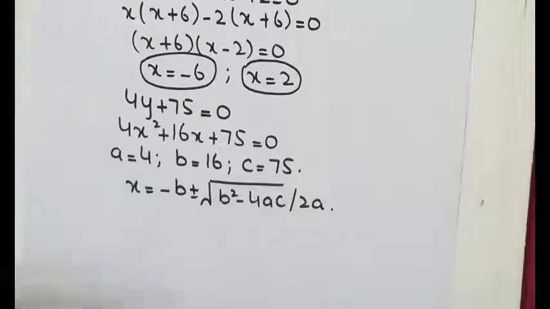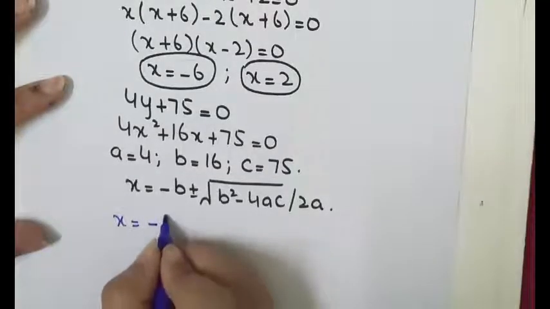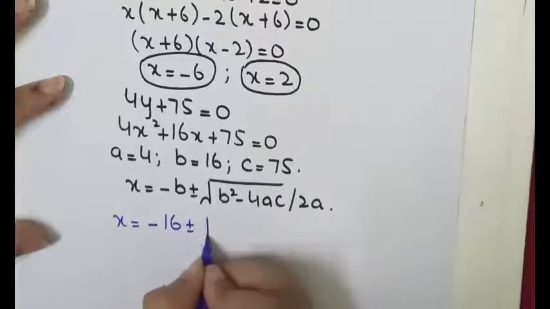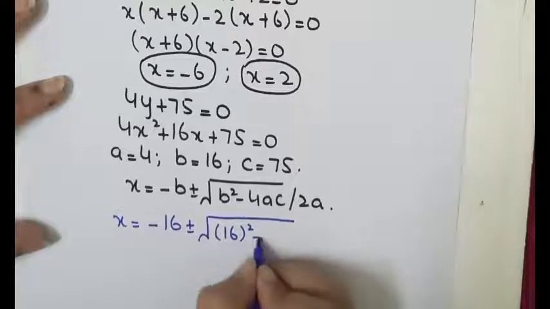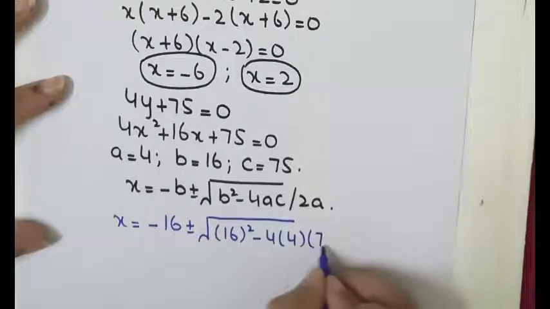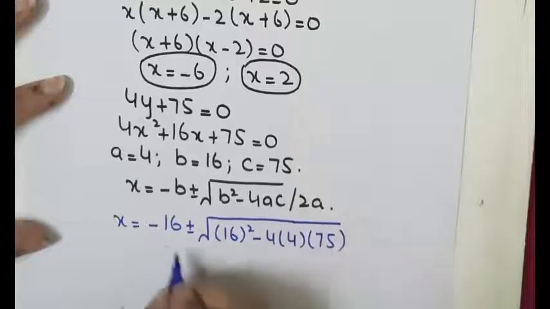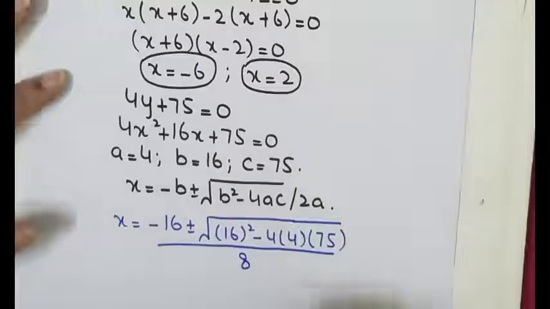So putting the values, we have x is equal to minus b plus minus square root of b square, which means square of 16, minus 4a, the value of a is 4 and the value of c is 75, over 2a. 2 4 times is 8.